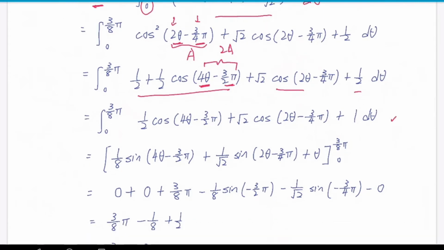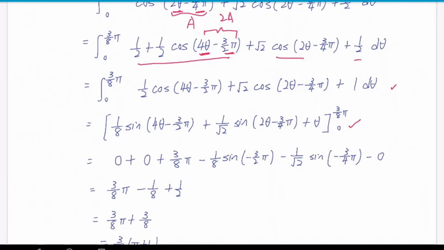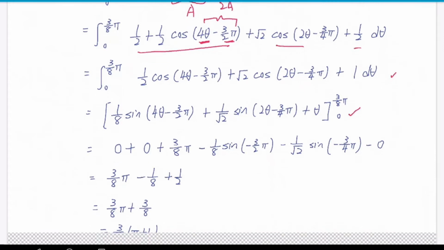After that, we get all the cos. After we integrate, we get all the sin that we substitute the values into. When we sub the values in, the good thing is a lot of the terms cancel off. Here we have quite a few terms that we need to evaluate, so we have to be very careful when we sub in all the values.